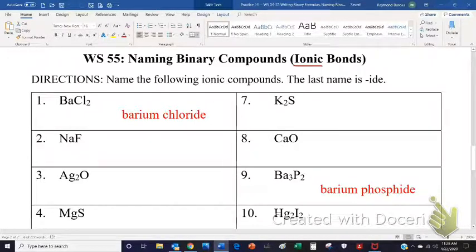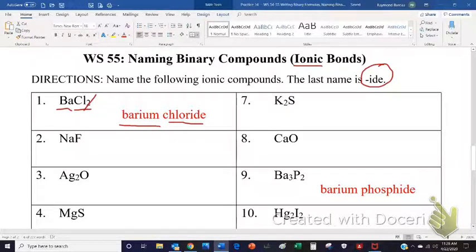But look here, all we have to do now is copy the names. See the barium? That's all I have to do is write barium. Cl is chlorine. Now, since this is an ionic bond, we don't really have to worry about the 2 when writing out the words. Just remember, though, in the ionic bond, the last name is going to become IDE. So instead of chlorine, it's barium chloride.